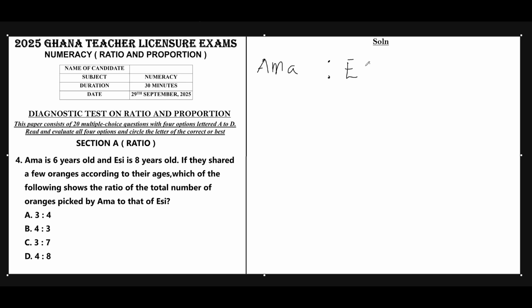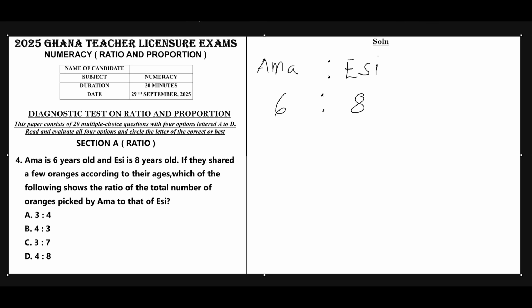So Amma first. Remember, the oranges were shared according to the ratio of their ages. So let's find out Amma's age. Amma is 6 years old. We also know that AC is 8 years old. So we have 6 is to 8.